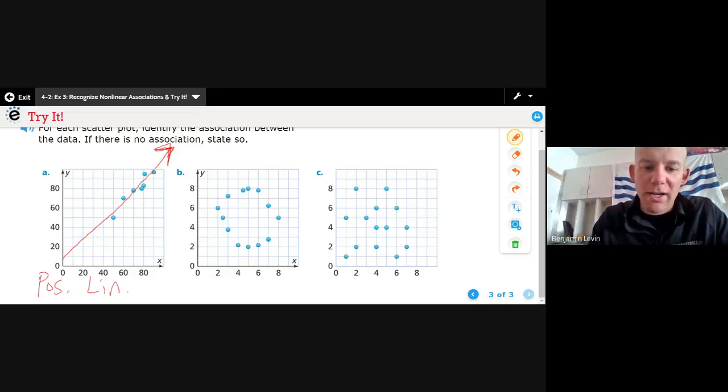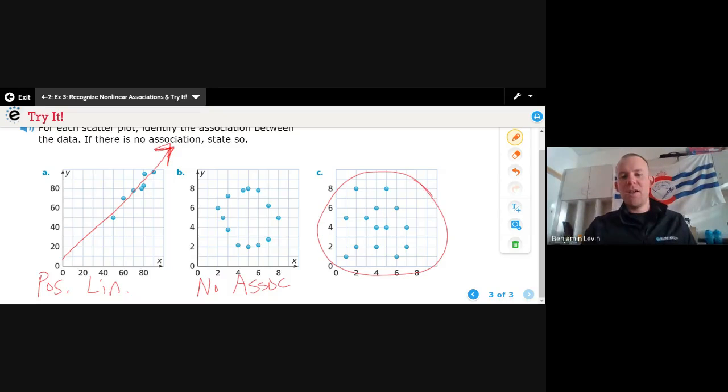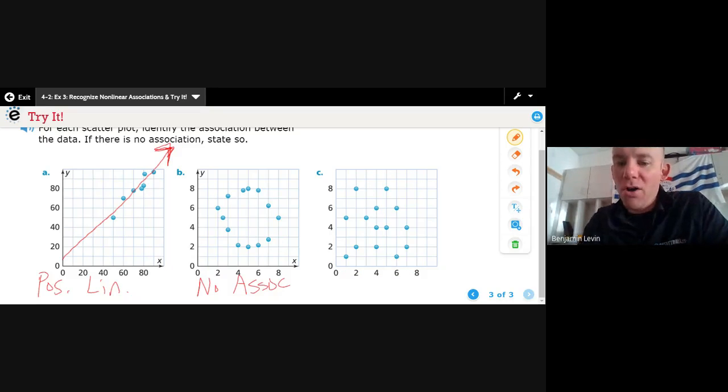But what you've got here is no correlation or no association, right? And the same with this one. This is like the one we looked at last Thursday. Is there any line we can draw that represents this data? It's all over the place, right? We can't really draw a line here, or even any curve that really represents that data.